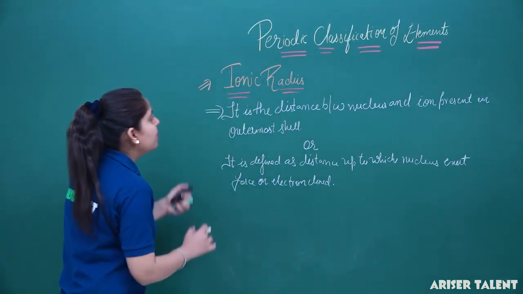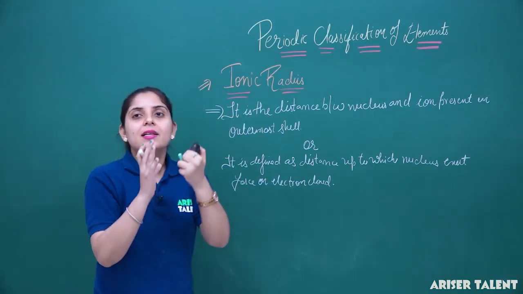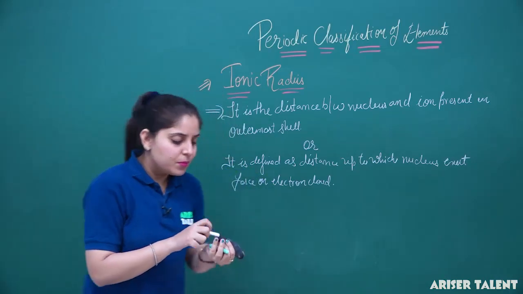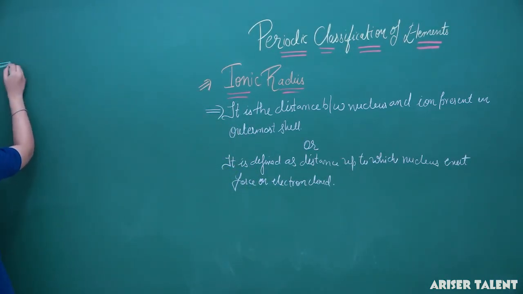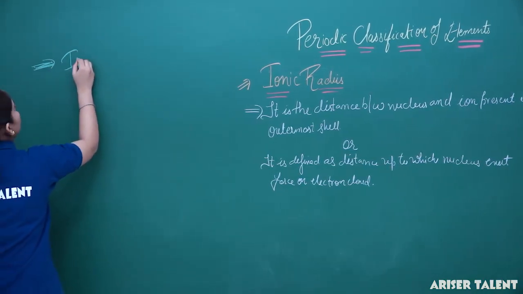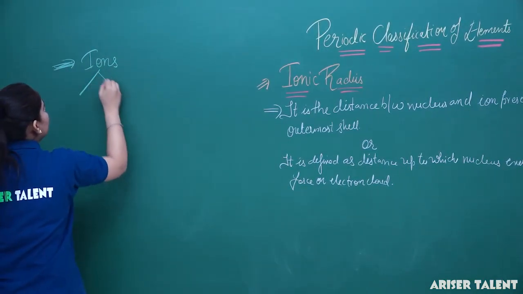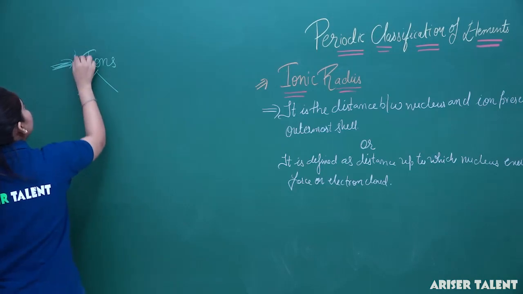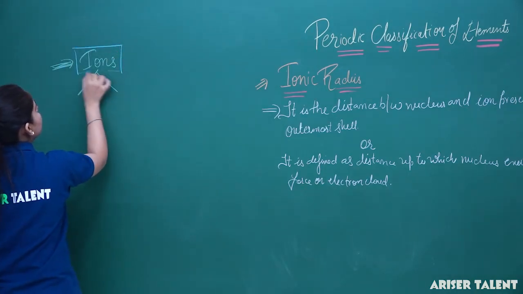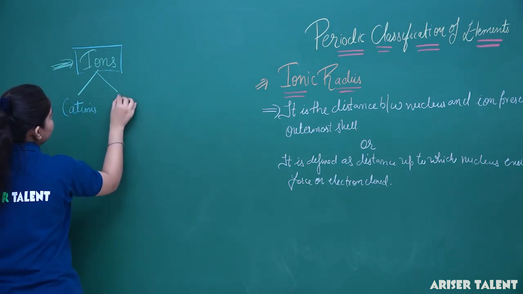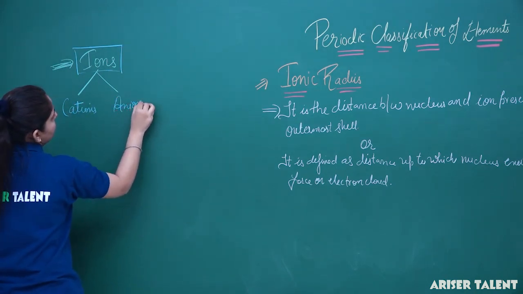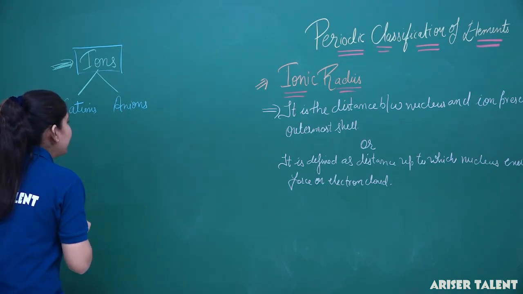So, we have basically two types of ions, that is cations and anions. Now, what are cations?